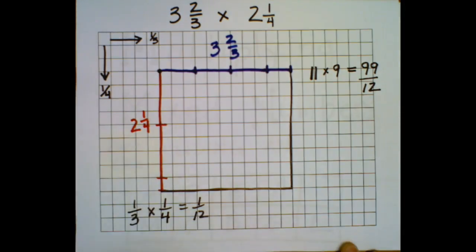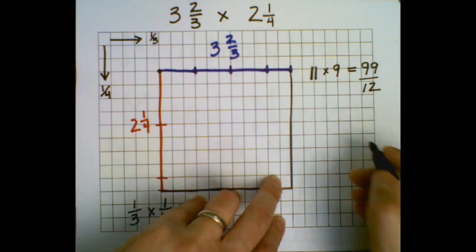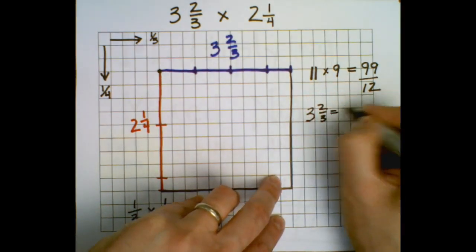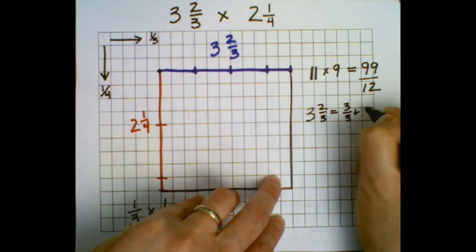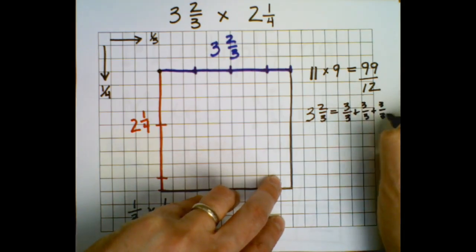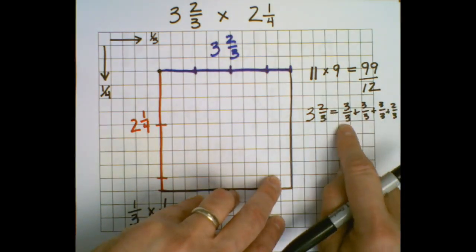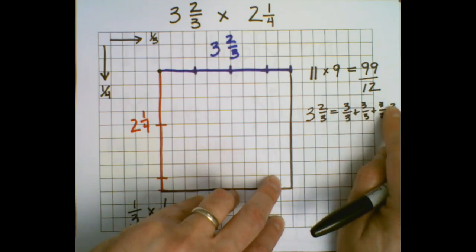And this is the same answer that we would arrive at if we were just to take both of those fractions and change them into improper fractions. So 3 2/3 is equal to, like I said before, every time we get 3/3, we get 1. So there's 2, there's 3, and I had 2/3. 3 2/3 is equal to 1, 2, 3, 2/3. 3, 6, 9, 10, 11.